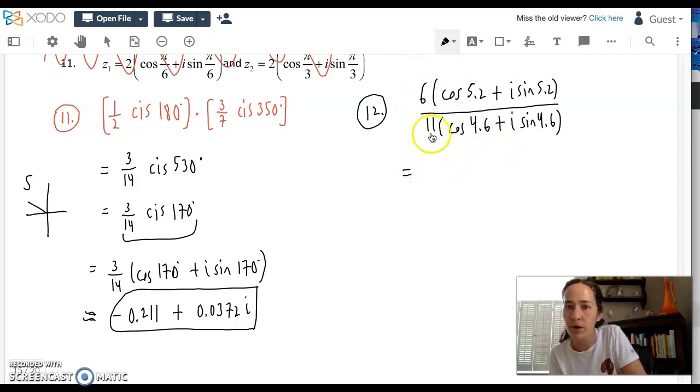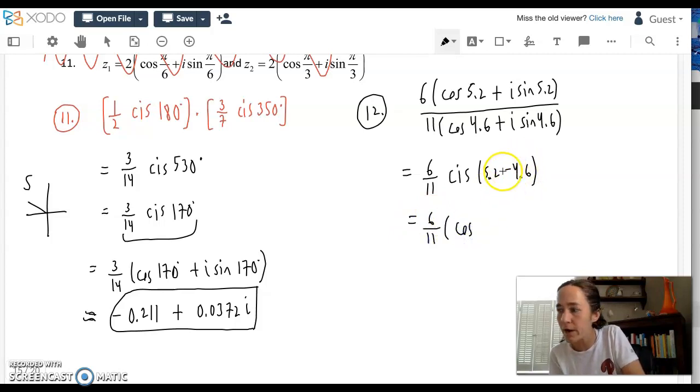Start the problem the same way. Divide the two r's. So 6/11 is going to be good for your new r value. Cis, this time I'll use the shorthand, and we want to do 5.2 minus 4.6 radians to see what kind of an angle we get. So it's 6/11. Here I'll write this out. Cosine of what angle? Just a 0.6, quadrant 1 radian angle, plus i sine of that same angle, 0.6.